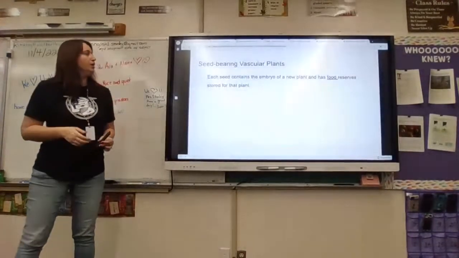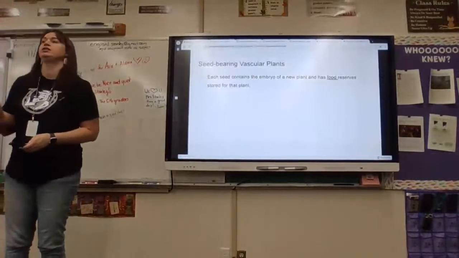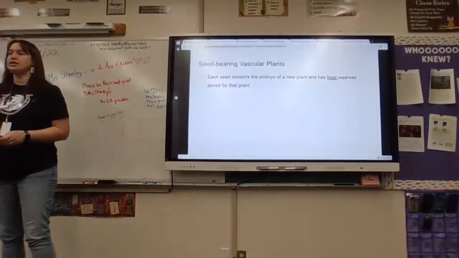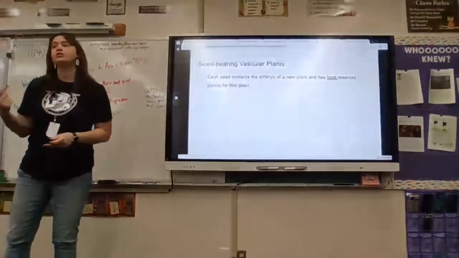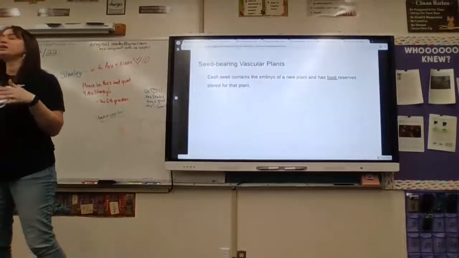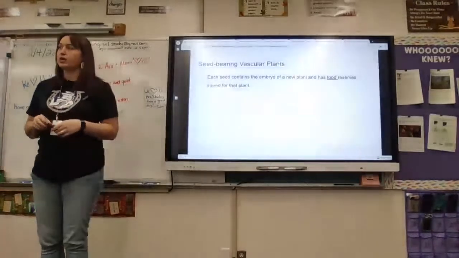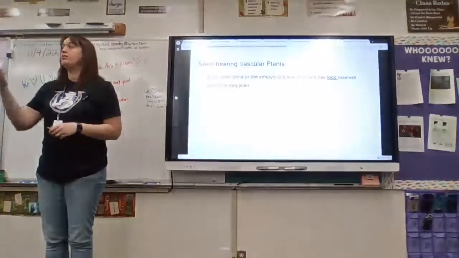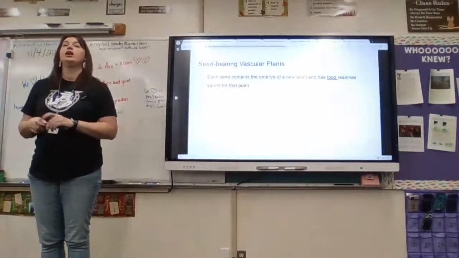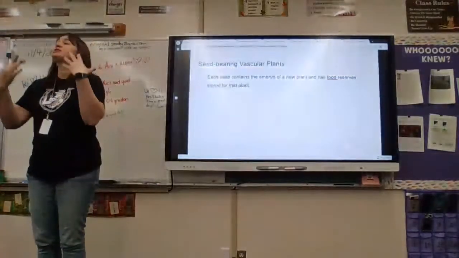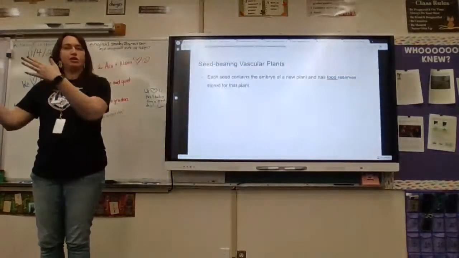And the seed itself also has the food reserves stored for that plant. Think of it kind of like a chicken egg. Inside of a chicken egg, what do you have? The baby chick. What else? The egg yolk, which is the food for the baby chick.